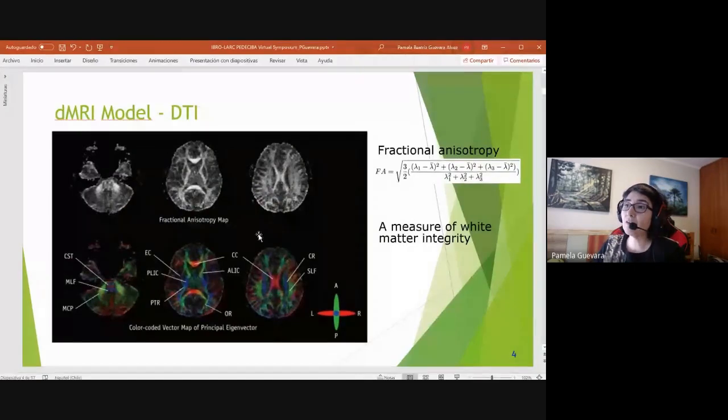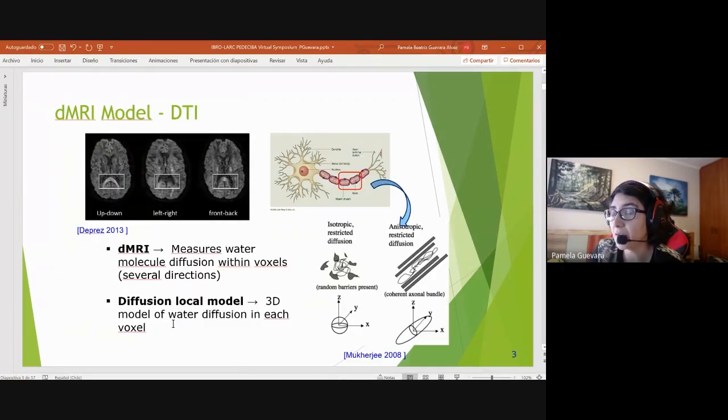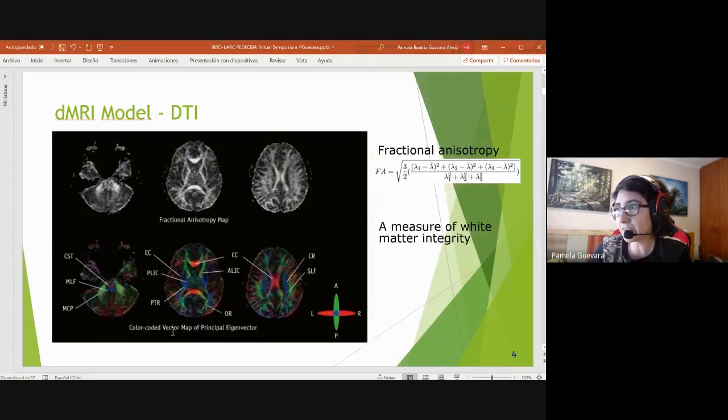Also, there is an important measure that can be calculated from DTI, from the model, and it is the fractional anisotropy. We calculate the tensor in each voxel of the brain, and then from each tensor we can calculate the fractional anisotropy, which is a measure of the anisotropy of the tensor.